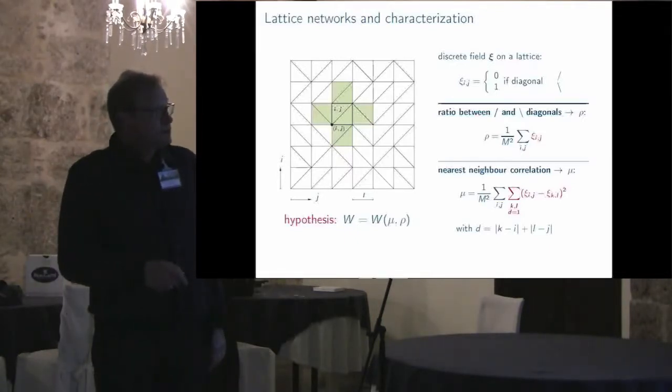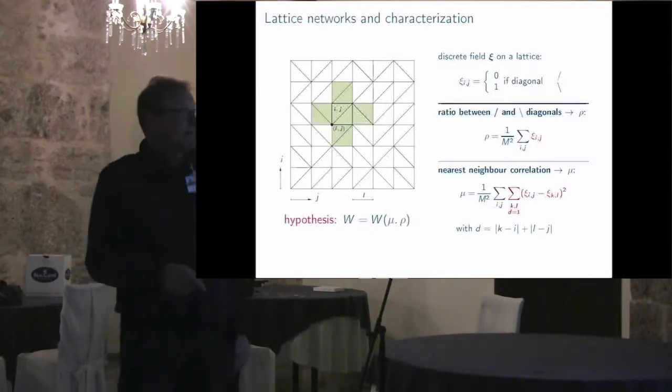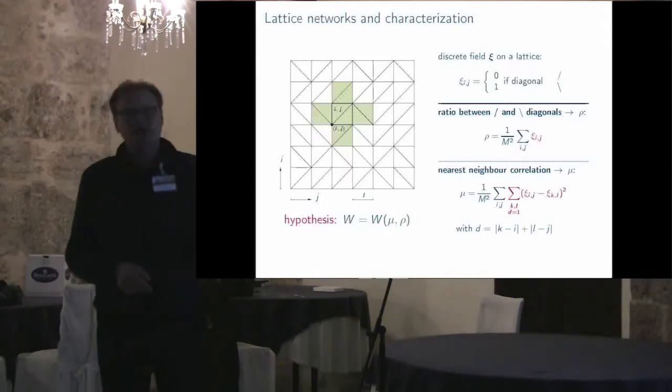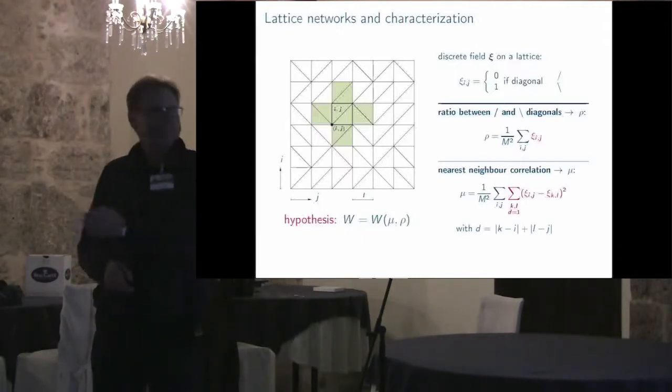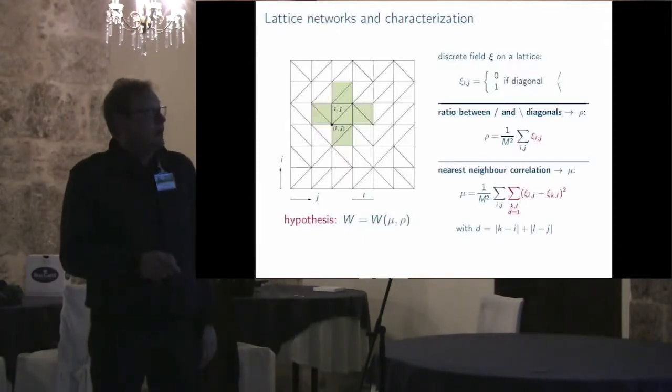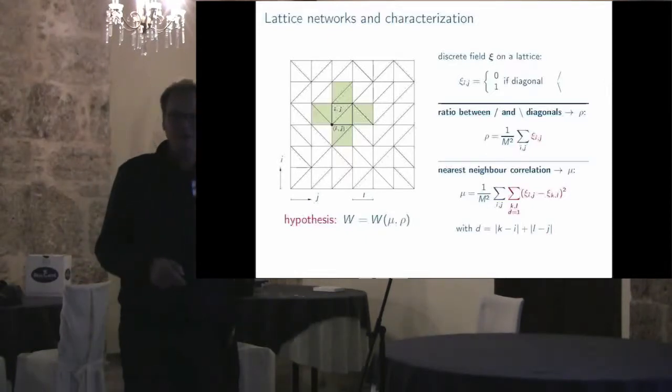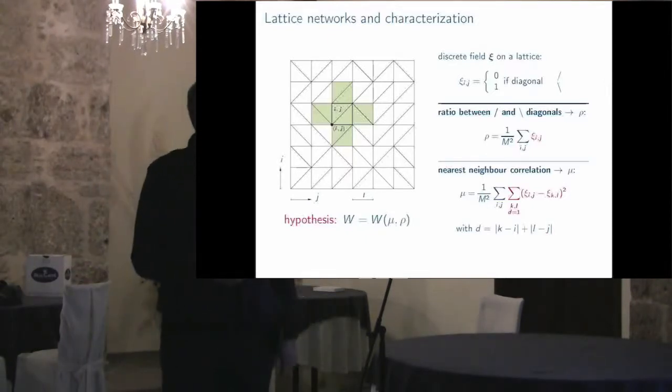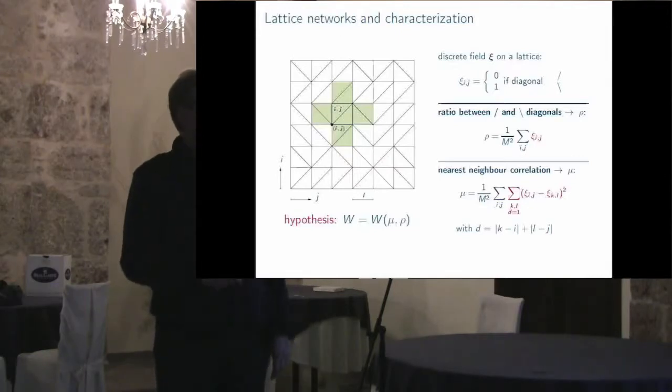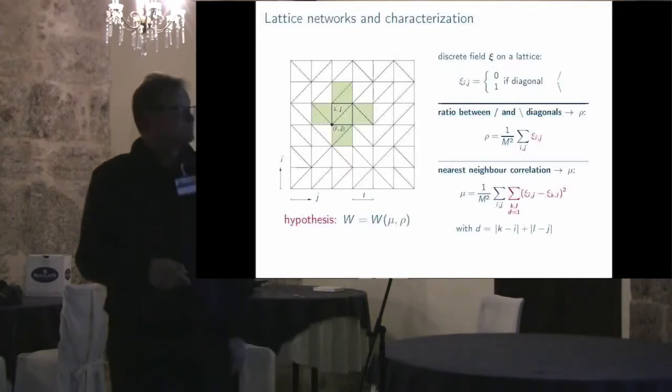The question is now, how can we characterize such a configuration in order to distinguish between different cases? Seeing these diagonals as a discrete field on a lattice, the first characteristic, which is rather obvious, is the ratio between these two types of diagonals, which I will call in the following the 0 and the 1 diagonals.